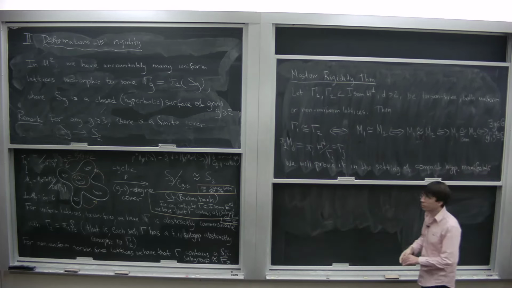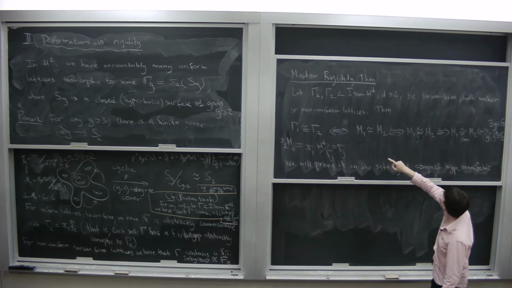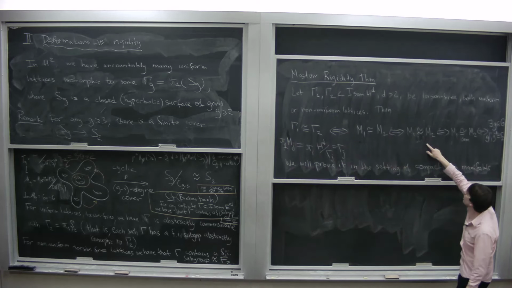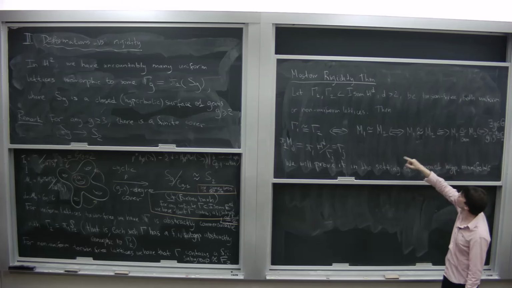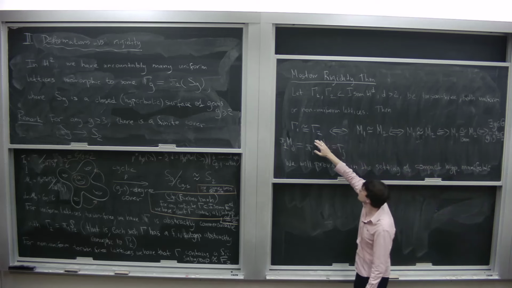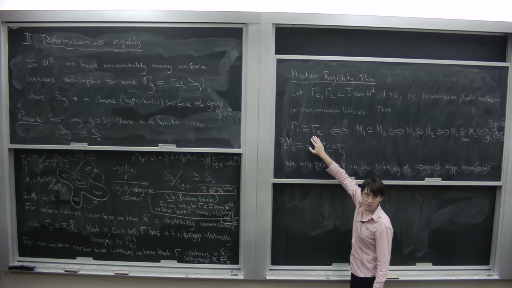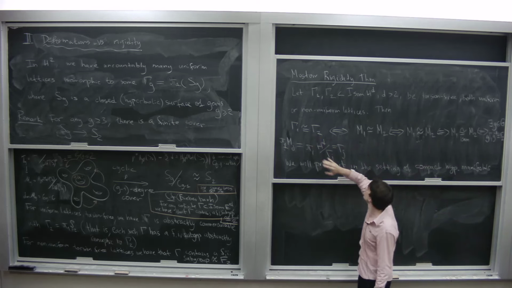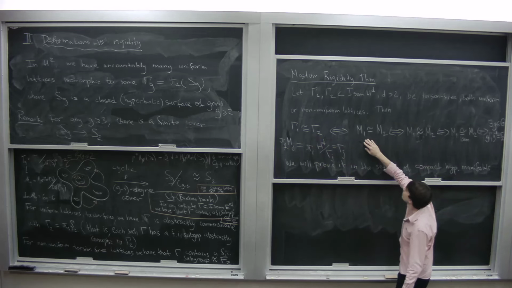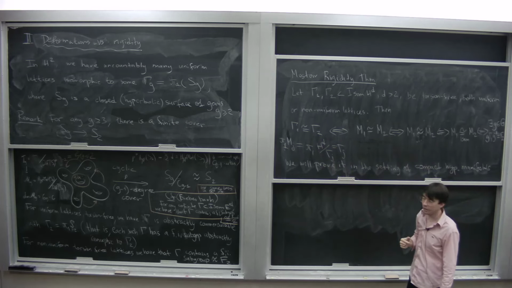But what I want to emphasize here is that in all of these equivalences, generally we have manifolds with the same fundamental groups, but that doesn't mean that they are homotopy equivalent.